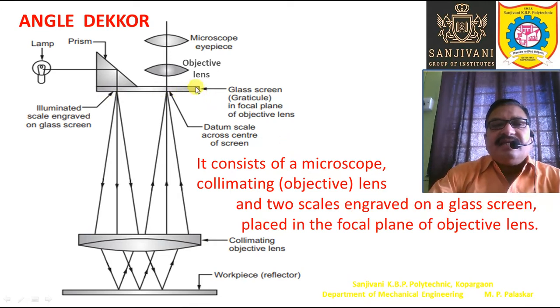On this glass screen two scales are engraved. Here the horizontal scale is engraved, and here the vertical scale is engraved, and this glass screen is placed in the focal plane of the objective lens. So this particular glass screen is located exactly in the focal plane of the objective lens.